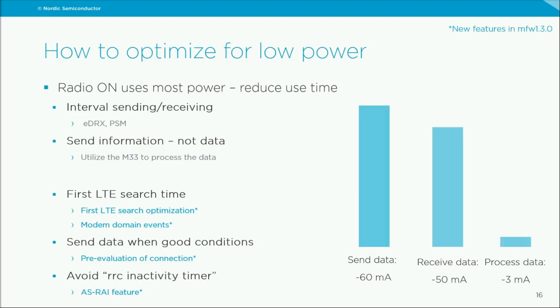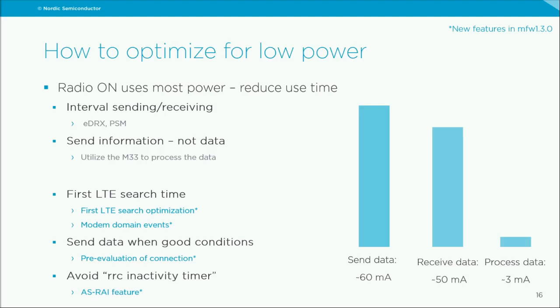So instead of using 60 milliamps, you can use 3 milliamps to process this data and send a short piece of information over the cellular network. That's why we have this sophisticated MCU on board, the M33, to actually process this data.